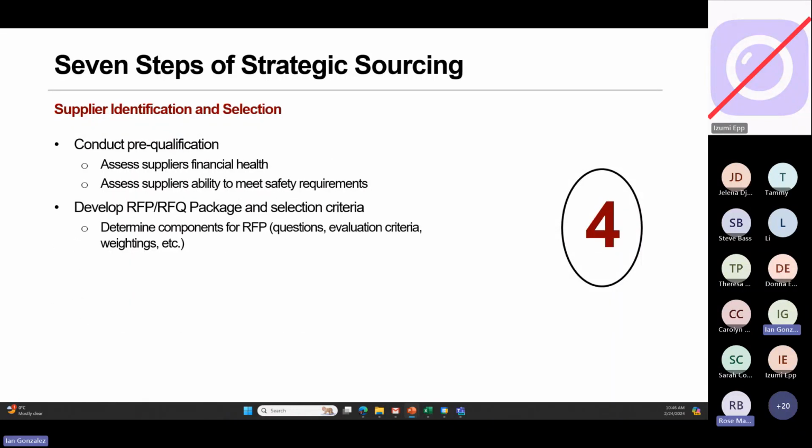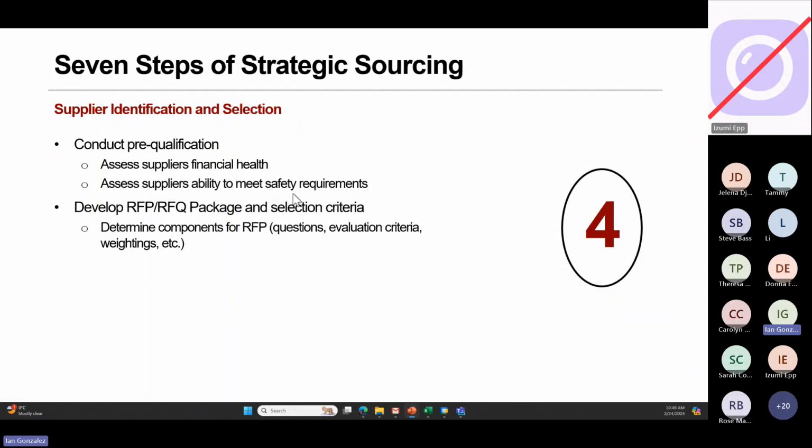Step 4 is you had your internal data, you had your external data, you have a plan to go out there. Now you get them qualified. So you shortlist your suppliers and make sure that they have everything they need to participate in a formal bidding exercise or go-to-market exercise. Pre-qualify them. You check their financial health.